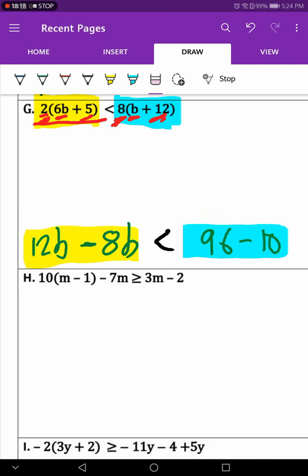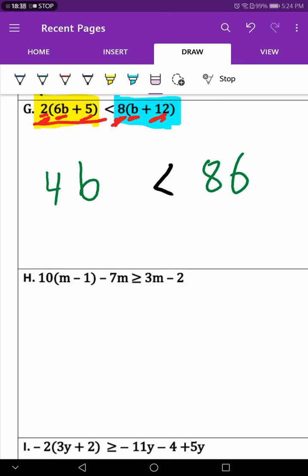Great. 12 minus 8 equal 4b. 96 minus 10 equal 86. Sorry. Now the coefficient, this is the left and this is the right.